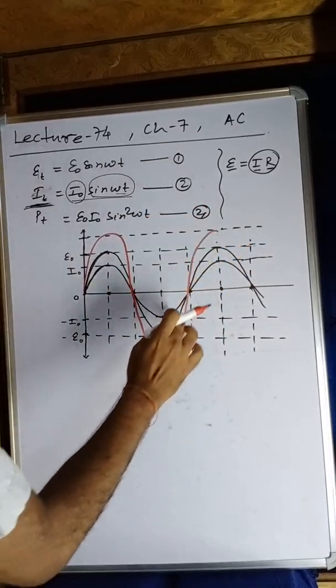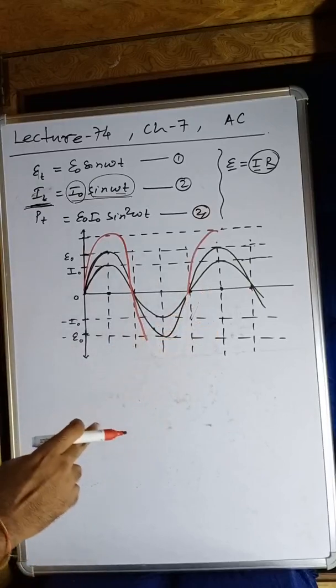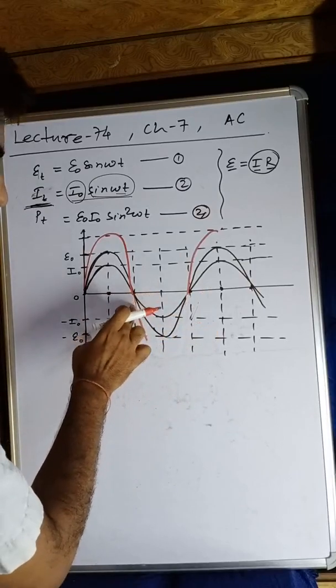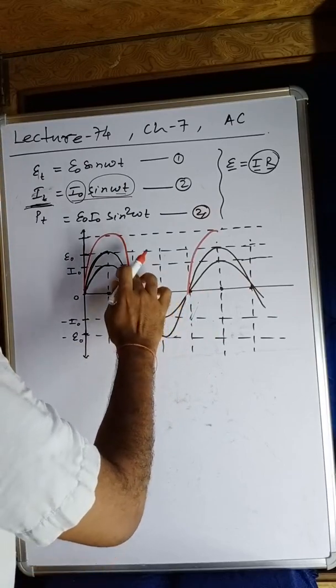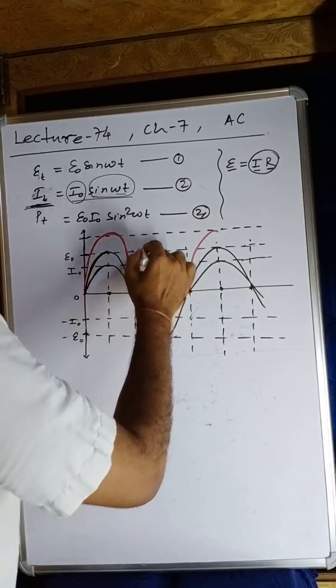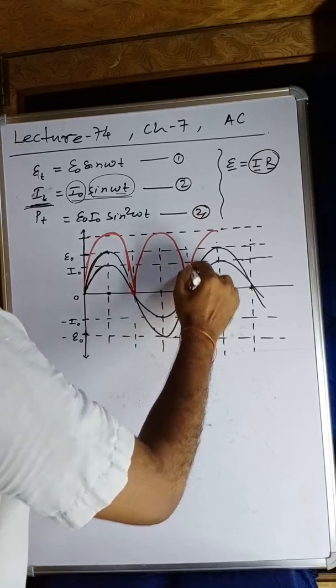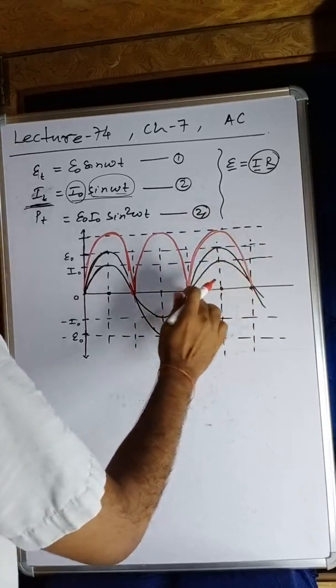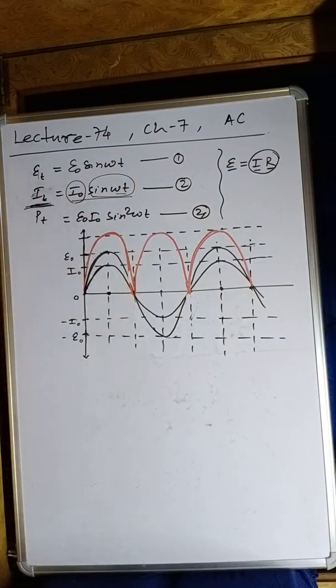I'm sorry, this is a mistake; it should not go to the negative scale. Again it goes positive, and from here it again goes positive. So this is the graph of instantaneous power.